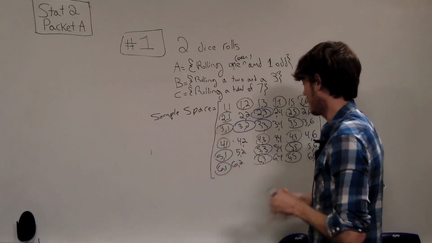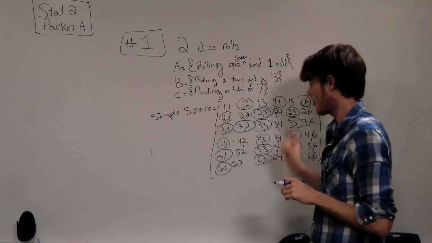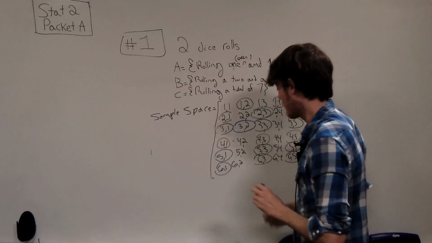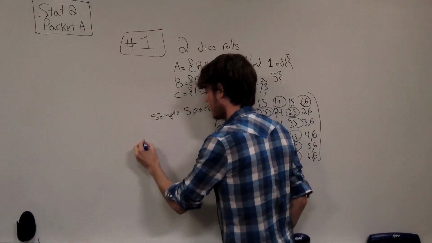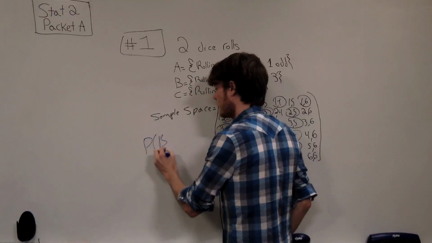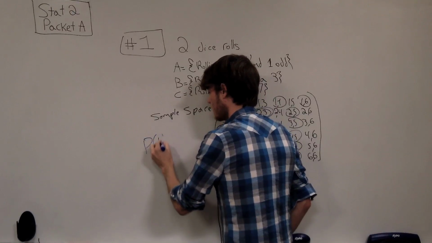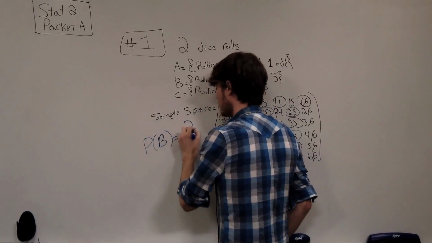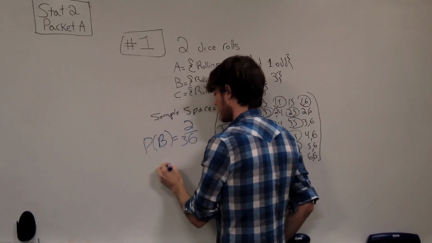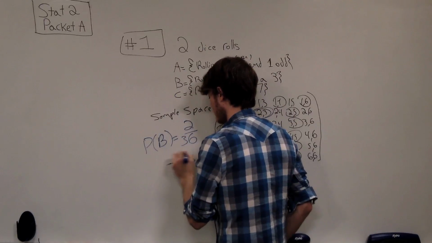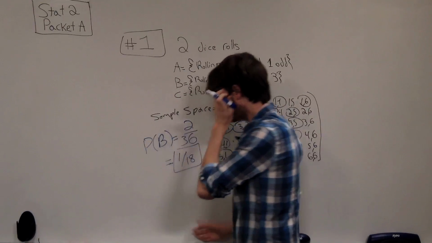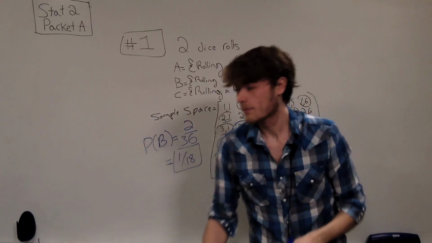Do any of the other ones? No, those are the only two combinations. So the probability of B equals 2 over 36, which equals 1 over 18.